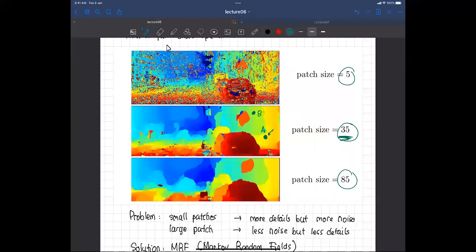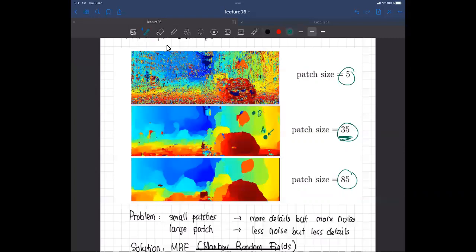Okay, so this is very common in engineering. The simplest, naive method will be local operation. But this is not something that we want, because the depth of A might have something to do with the depth of B. They might correlate to each other, right? And to optimize A, we might need to optimize B as well at the same time. And not only A and B, but every pixel in this image.